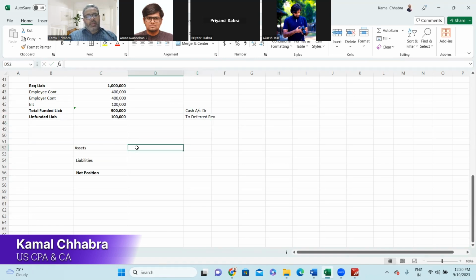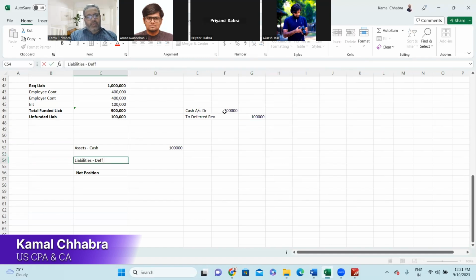Right. So here there will be an asset. Let's say it is $100,000. So you will be recognizing this $100,000 as asset of cash, right? And you will be recognizing liability for deferred revenue.